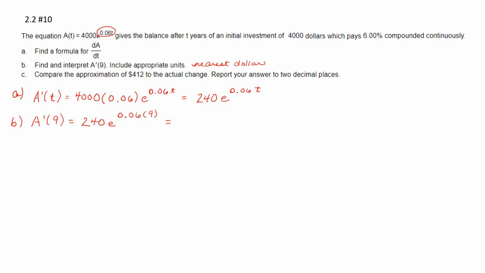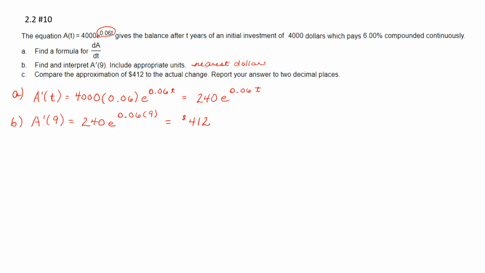That gives us $411 and around 84 cents, but since we are rounding to the nearest dollar, that's going to be $412. And what this means is that the $412 increased in the total amount per yearly increase in the investment time period.